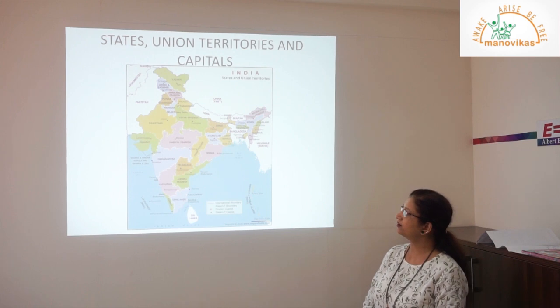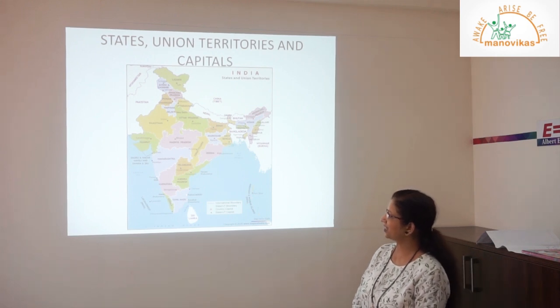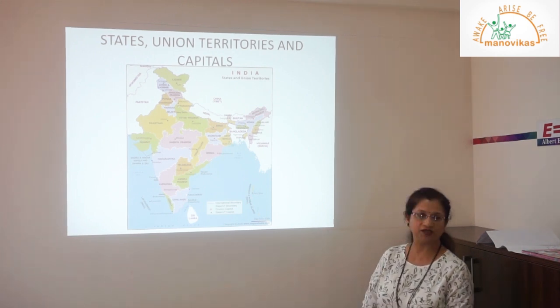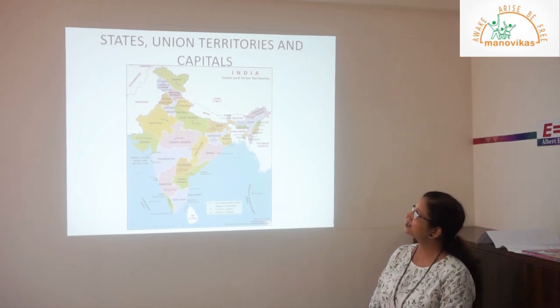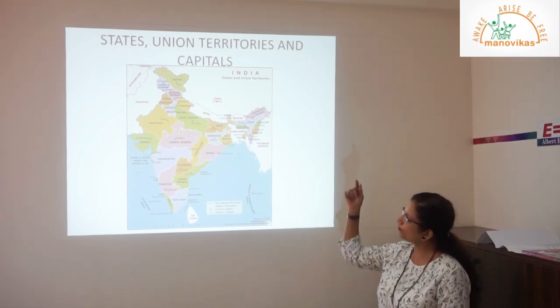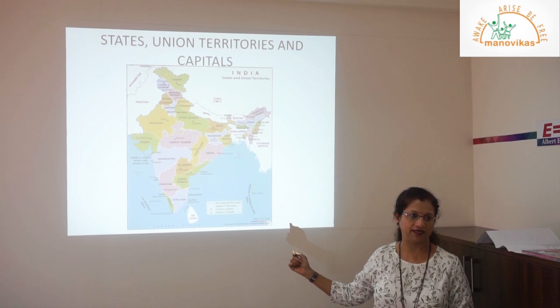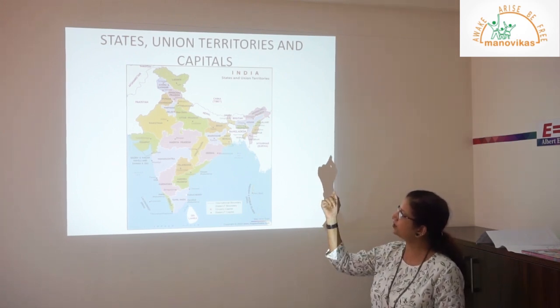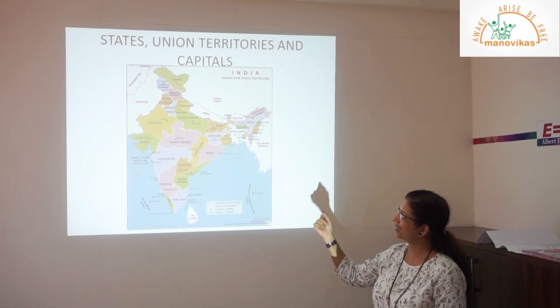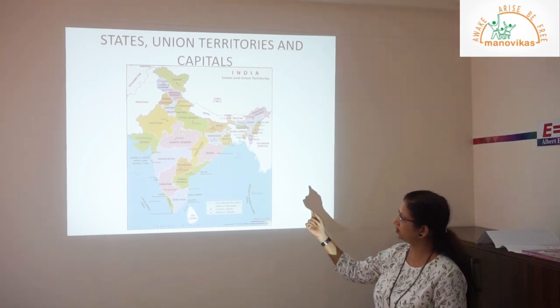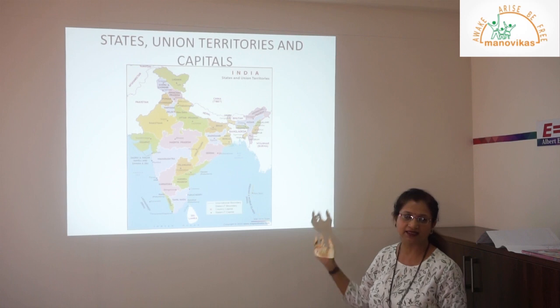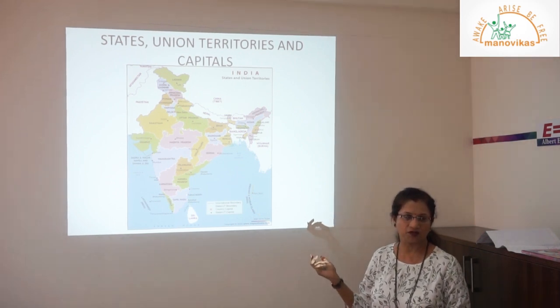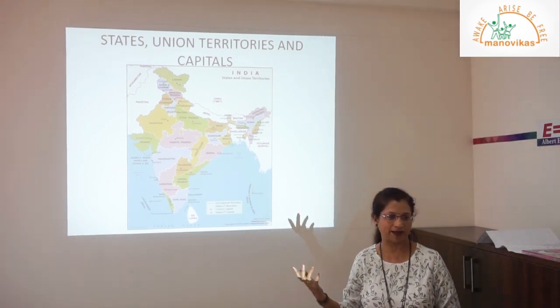So now here you can see a lot of states, and my dear children, this is also called the political map of India, because it is showing you all the features like states, capitals, borders and many other features. So we have different types of maps.